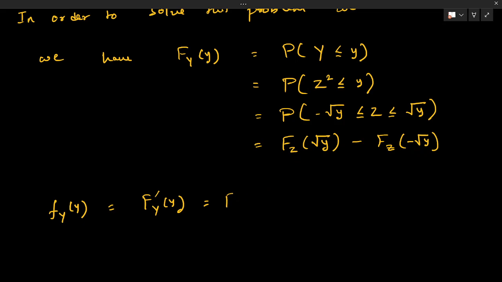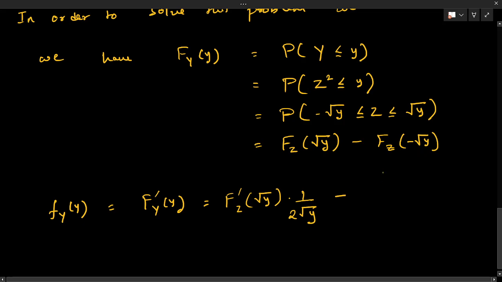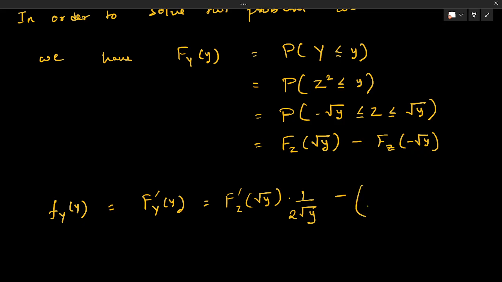It will be f_Z of root y, and by the chain rule we differentiate root y, which will be 1 by 2 root y. Minus, what will be the differentiation of F_Z of minus root y? This will be minus 1 by 2 root y into f_Z of minus root y.